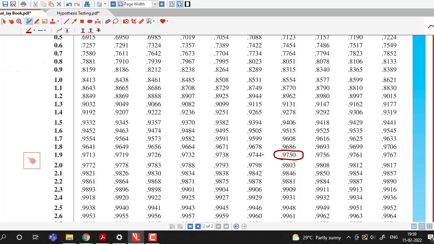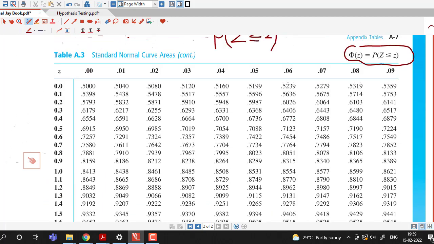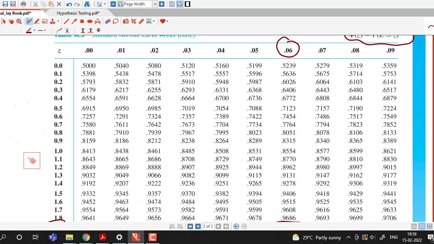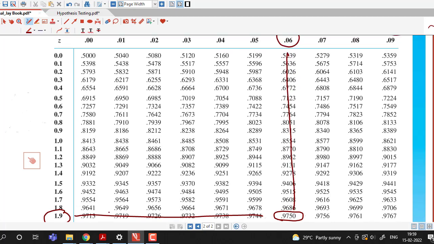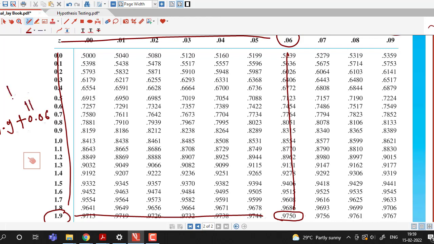You can see somewhere here I will get 0.975. So I have to identify the value of Z corresponding to this row, and the value of Z corresponding to this column. Here I have 1.9 below Z, and here I have 0.06, so I add these two and obtain that the value of Z corresponding to the given area of 0.975 is 1.96.